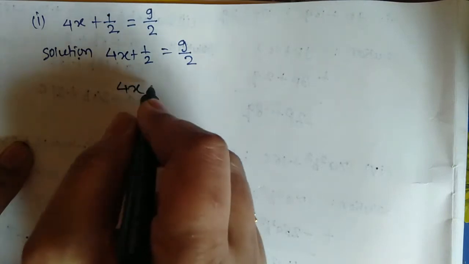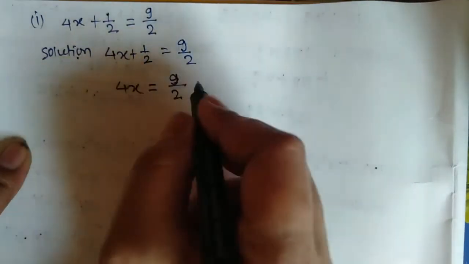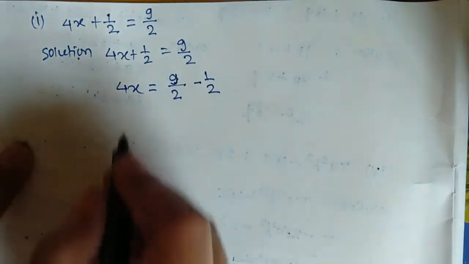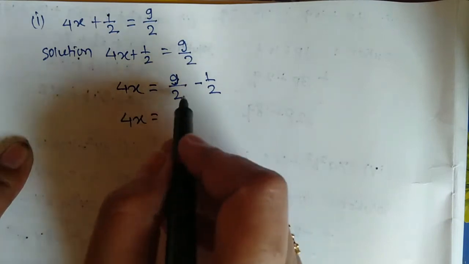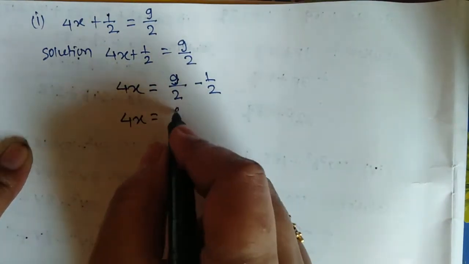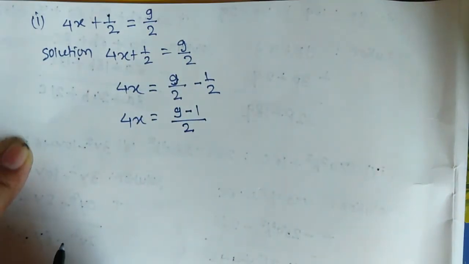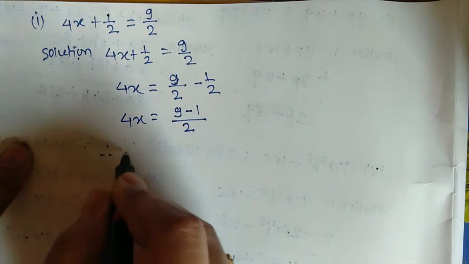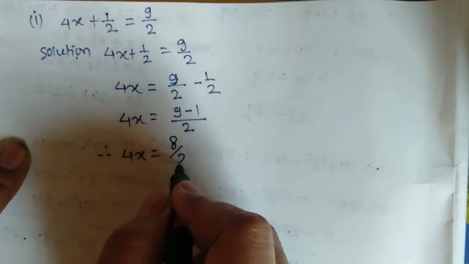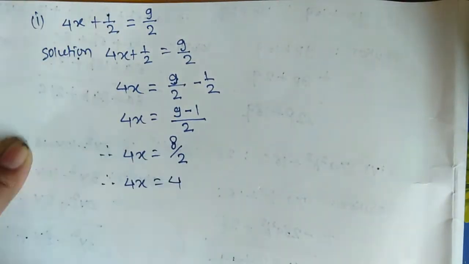So when 1 by 2 goes to the right side, it becomes negative because here it is positive. So 4x is equal to, both the rational numbers have the same denominator, so we directly subtract the numerators. 9 minus 1 upon 2. So therefore 4x is equal to 9 minus 1 is 8 divided by 2. Therefore 4x is equal to 4.